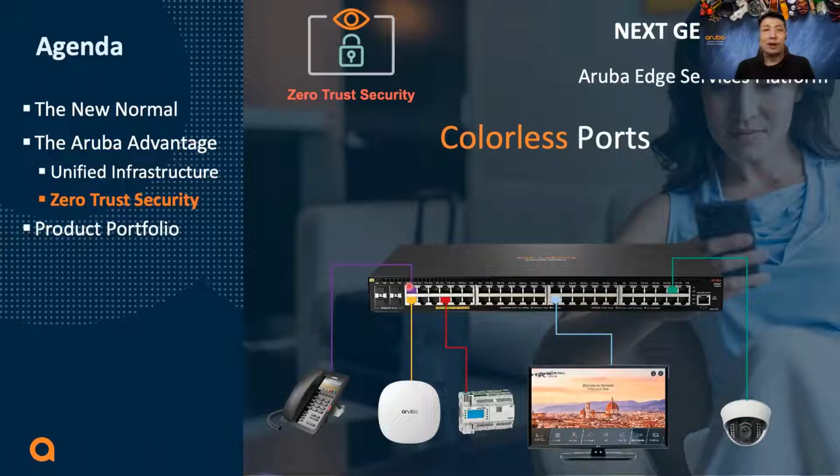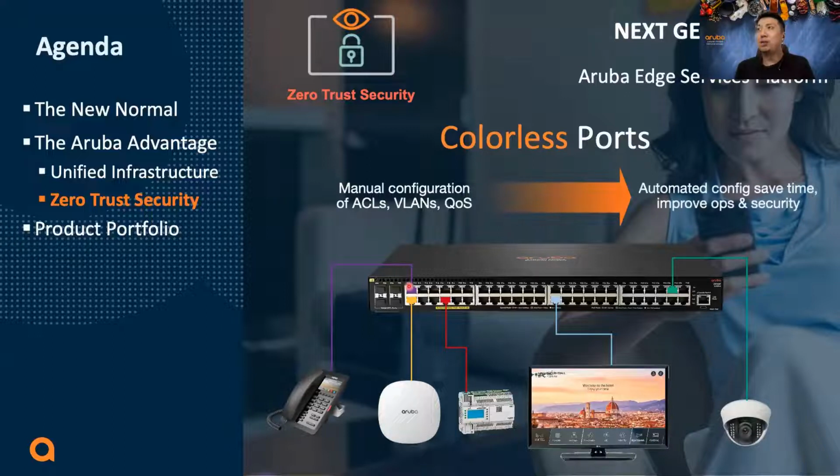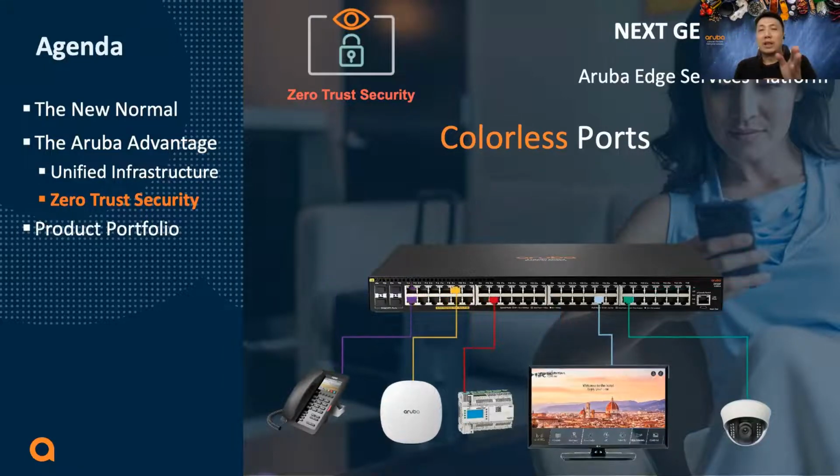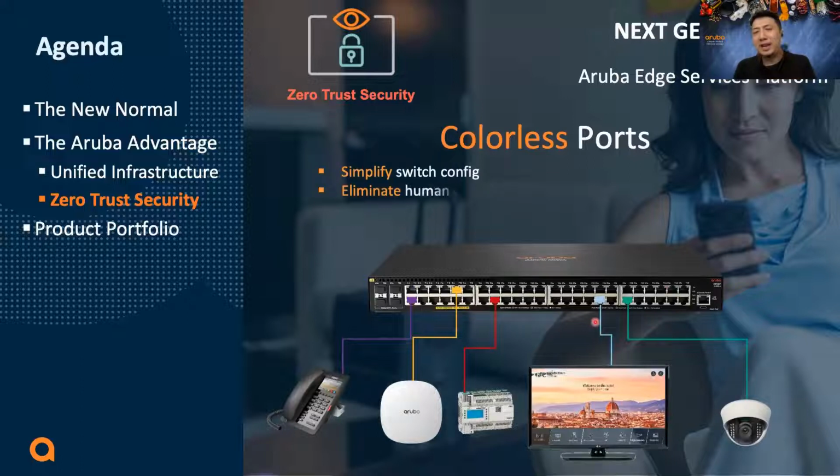With Aruba, we use software called ClearPass to do automated configuration based on the fingerprinting of the device. If we know it's a smart TV that belongs to the hotel, we assign it a smart TV VLAN, a smart TV ACL or QoS. If I plug this cable into a different port, the security policy, the VLAN, the configuration, the ACL follows that device regardless.